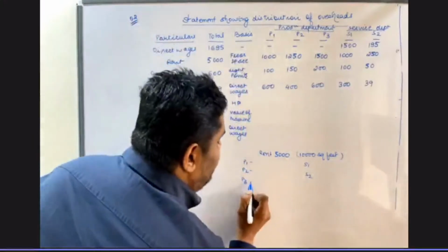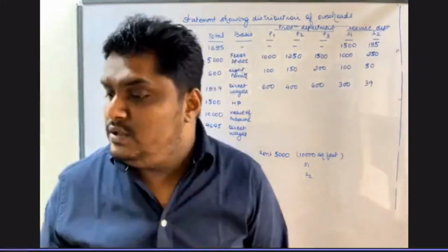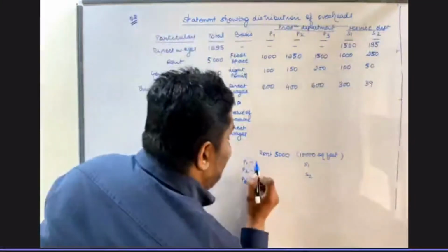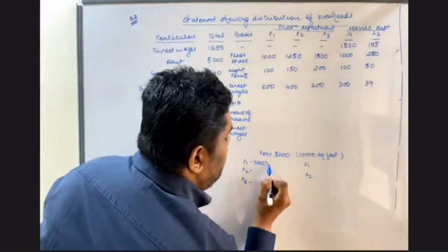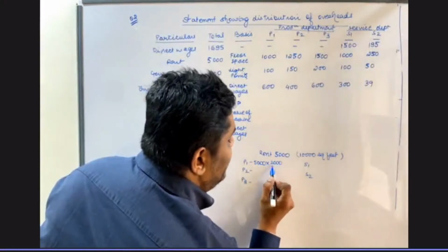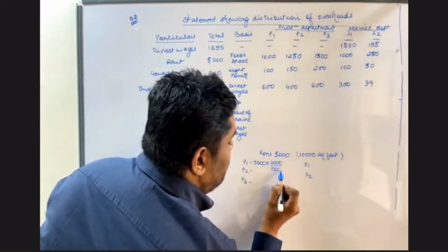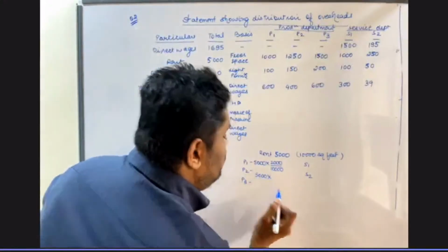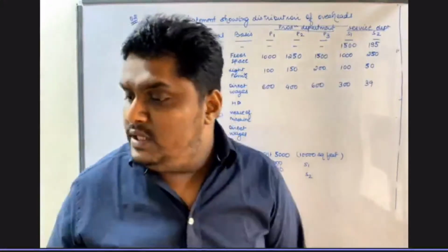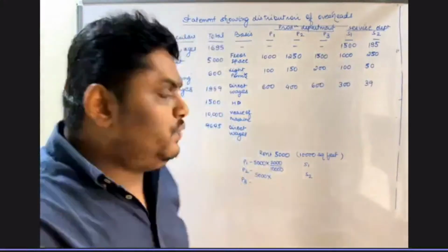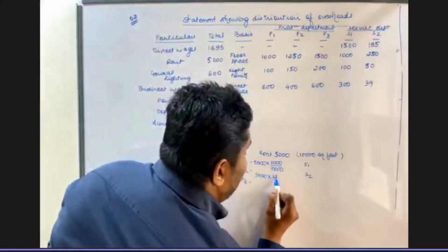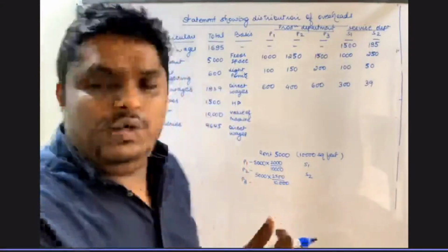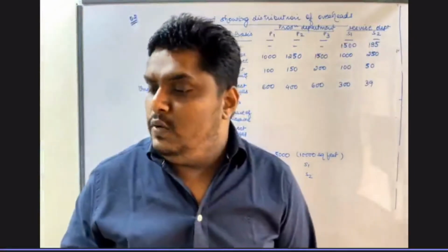Now production department 1 area is how much? 2,000 square feet. So 5,000 into 2,000 divided by 10,000. Similarly, for production department 2, the area is 2,500, so into 2,500 divided by 10,000. So I'm using ratios to distribute the overheads.